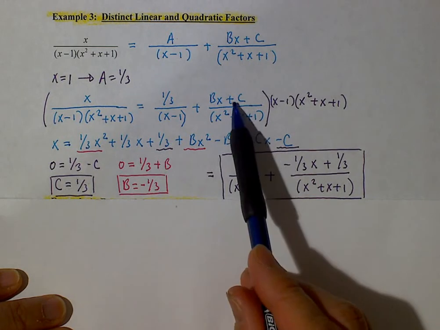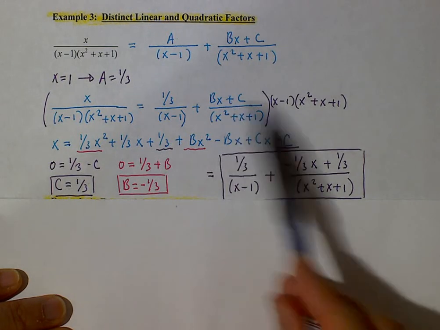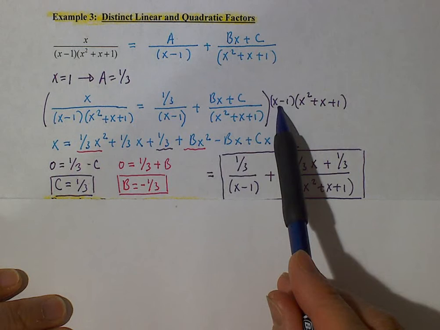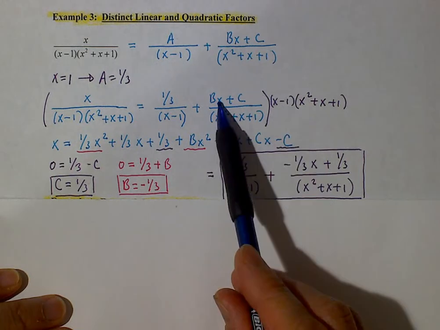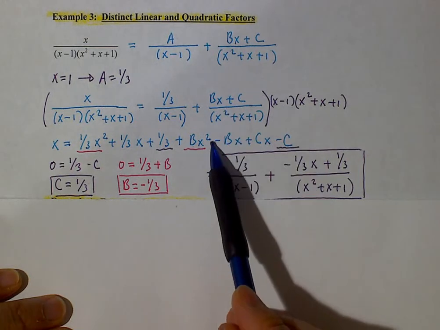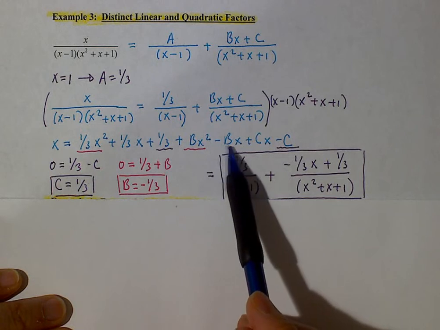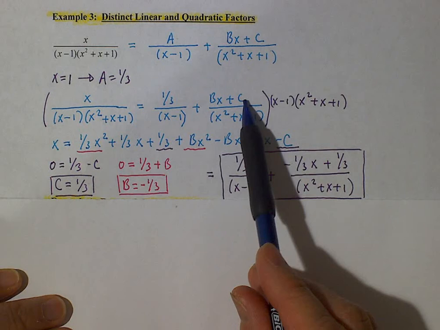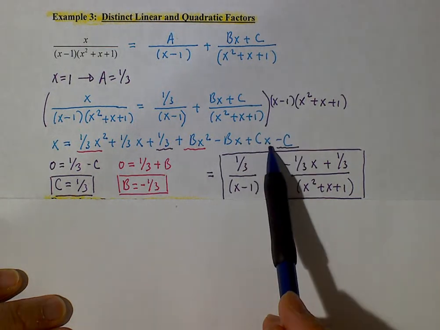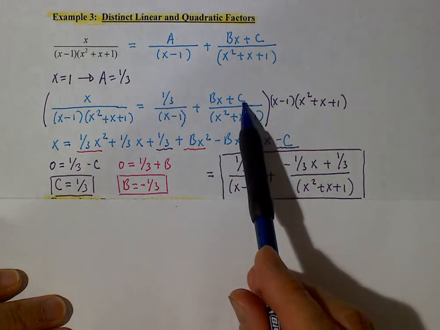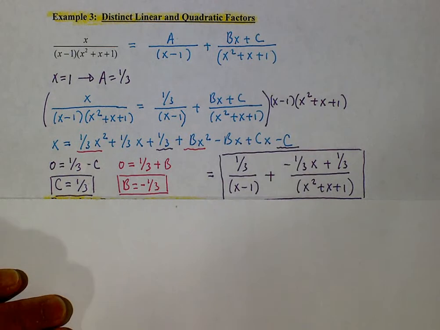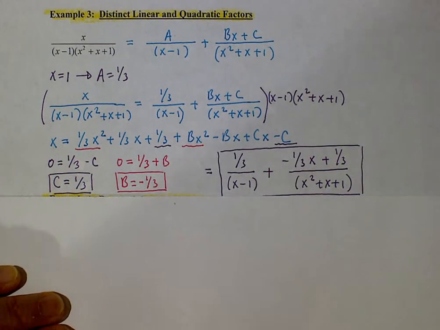And then I'm going to multiply this times x minus 1. So I'm going to FOIL that out. So that gives me bx squared. And then I have my outer, which is minus bx, my inner, which is plus cx, and last is minus c. Okay, so now I'm going to match up the terms.